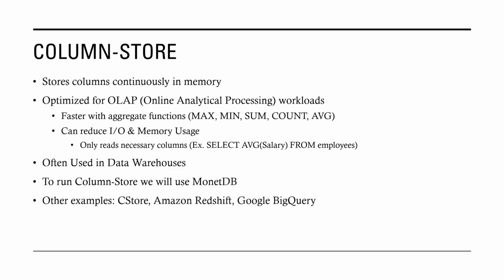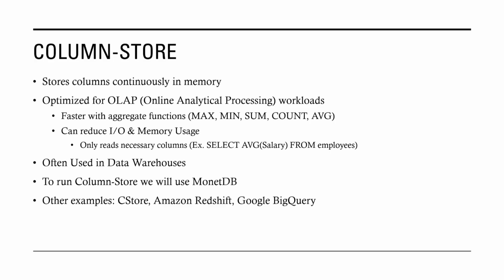Next, we have the column store model. This model stores columns continuously in memory. This is more optimized for OLAP, or online analytical processing, workloads. It's significantly faster with aggregate functions like max, min, sum, count, and average, and is often used in data warehouses.